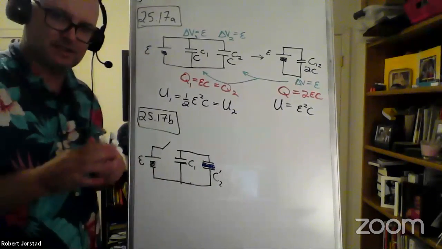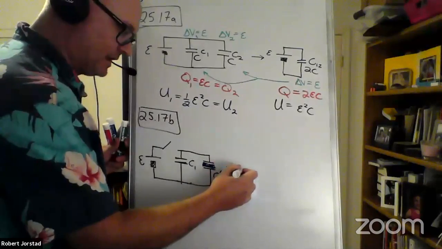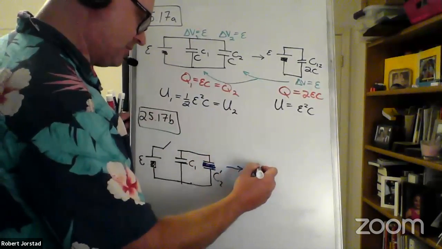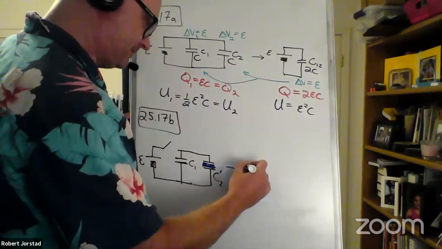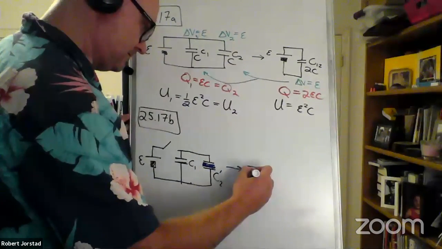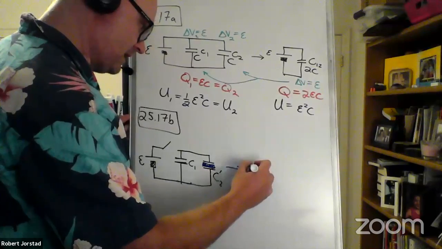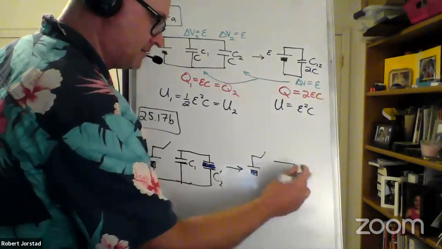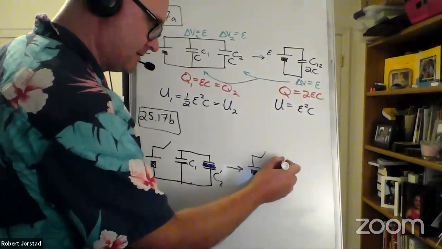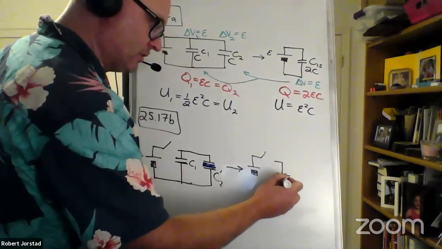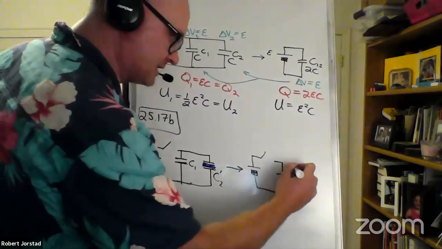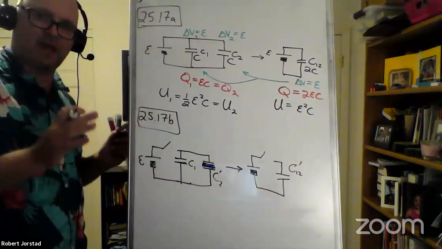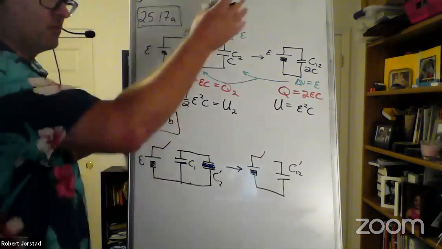I'm going to first get the equivalent capacitance again. The switch is still open, but instead of C12, something has changed, so I'm going to call it C12 prime. It's a different capacitor.